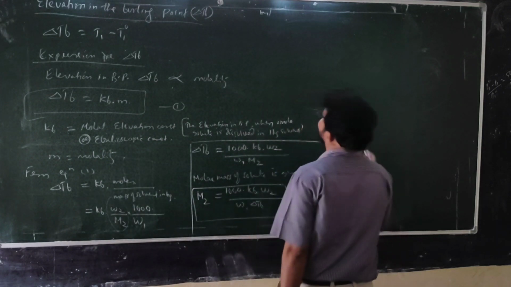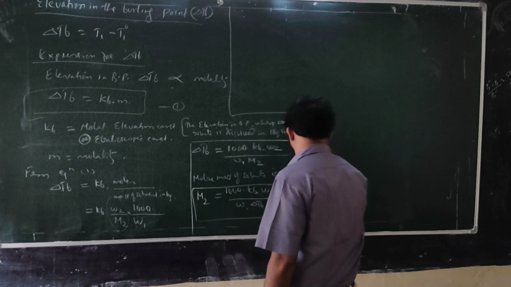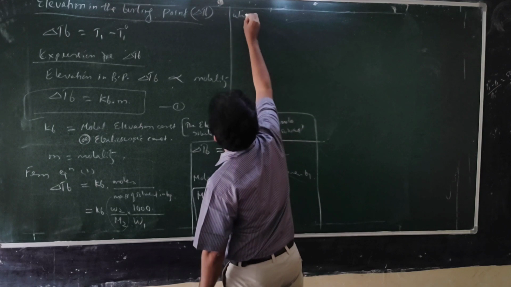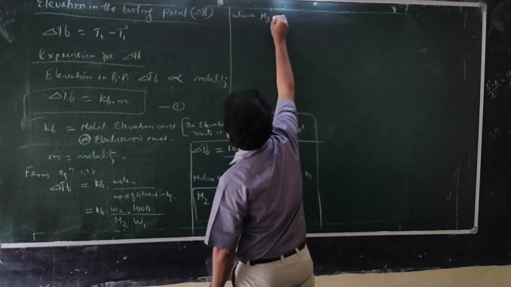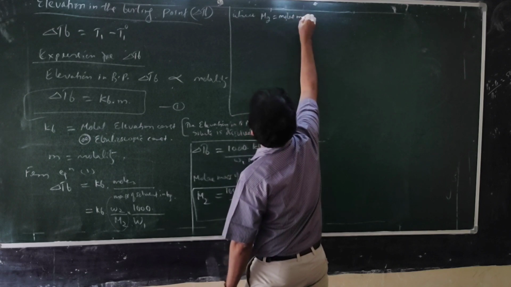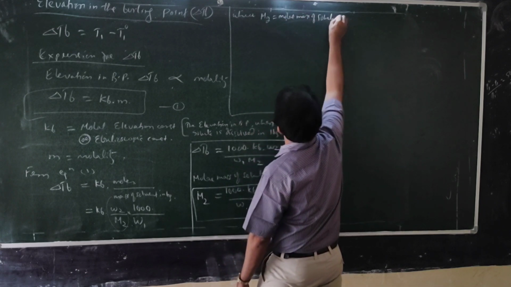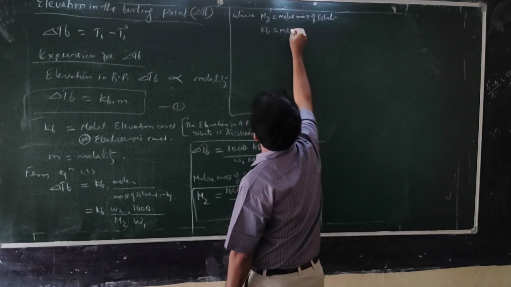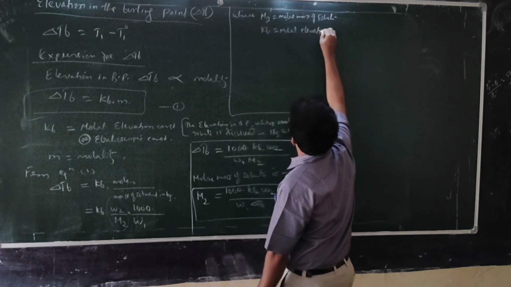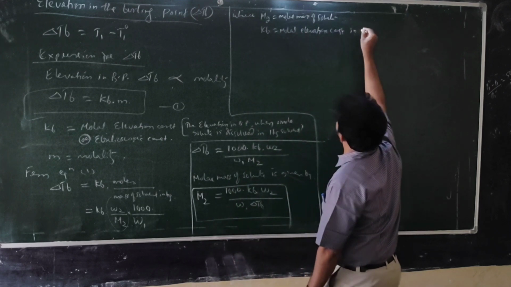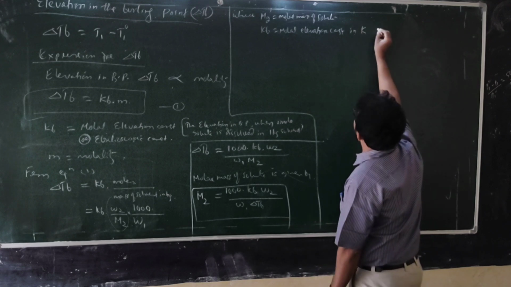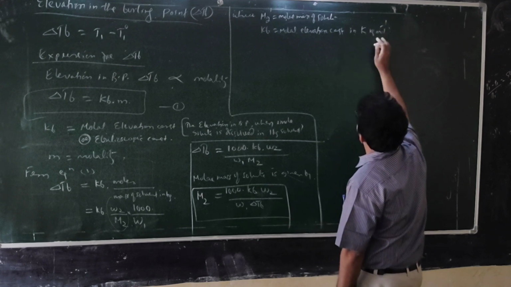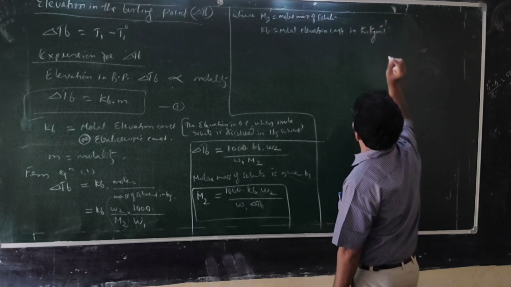Give the meaning of the terms involved. M2 is the molar mass of solute. Kb is the molar elevation constant, in its unit K kg per mole, Kelvin kg per mole.